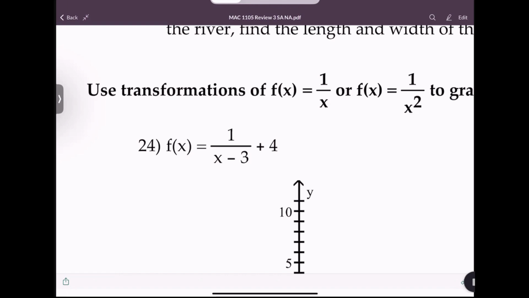Well, what do we do first here? Do we plus 4 first? What do we do first? We've got to deal with the 3. Is it adding 3 or subtracting 3? We have to add 3 to the x value because it's really inside the parentheses.